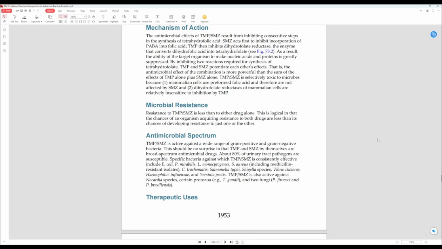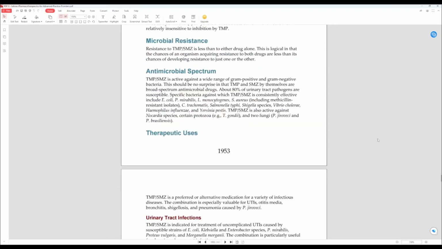By inhibiting the two reactions required for synthesis of tetrahydrofolate, TMP and SMZ potentiate each other's effects. That is, the antimicrobial effect of the combination is more powerful than the sum of the effects of TMP alone plus SMZ alone. The combo drug is selectively toxic to microbes because mammalian cells use preformed folic acid and therefore are not affected by SMZ, and dihydrofolate reductases of mammalian cells are relatively insensitive to inhibition by TMP.